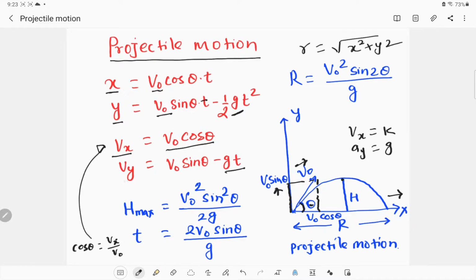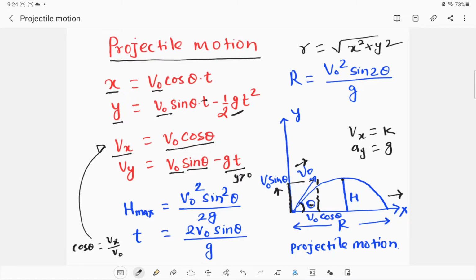So the velocity along the y-axis at a certain point of time t is given by v at time t equal to v naught sine theta minus gt. g here is acceleration due to gravity. Remember, the value of g is greater than 0. Okay, so these are the four most important formulas that determine position and velocity of the projectile motion.